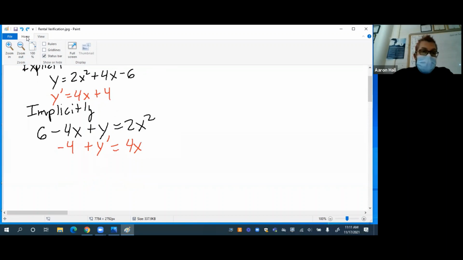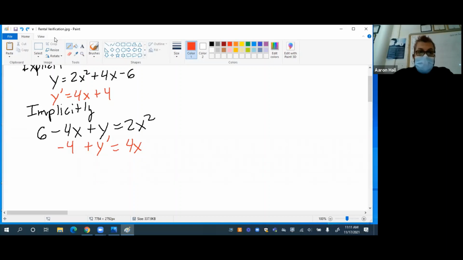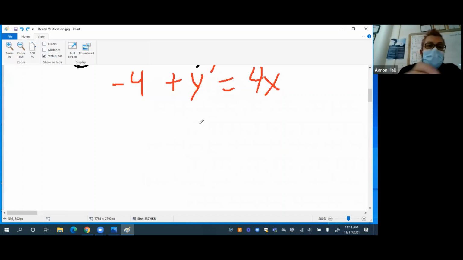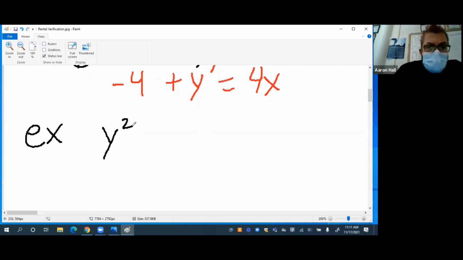So let's try something like this. Here's my next example. I have y squared equals x to the power of 3 plus 4.